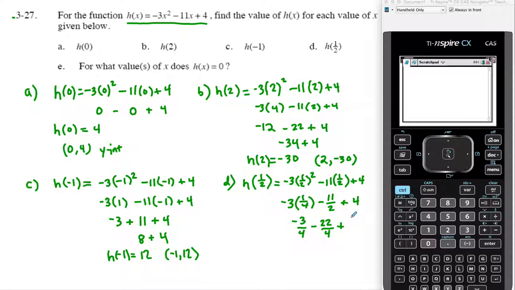So 4 is the same thing as 16/4. So -3 minus 22 is going to give us -25/4 plus 16/4, which gives us then -9/4. Or for those decimal people, that's like -2.25.